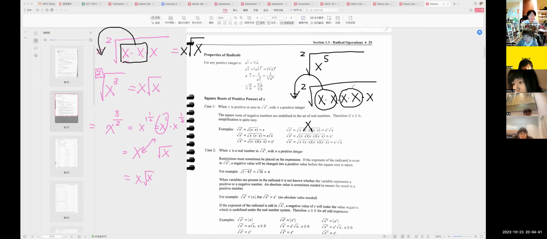Every single pair gets out and gives another x. And whatever has no friend stays in the house. So it's x squared times the square root of x. Get it? If you don't have a friend, you stay home. That makes sense, right?